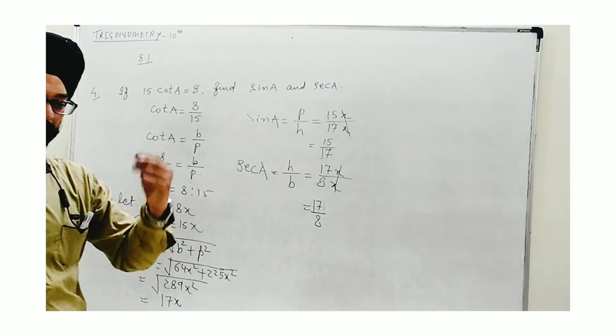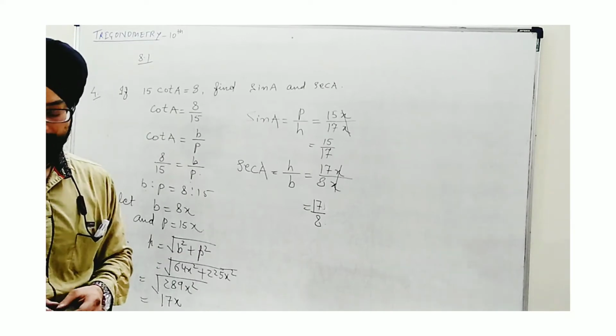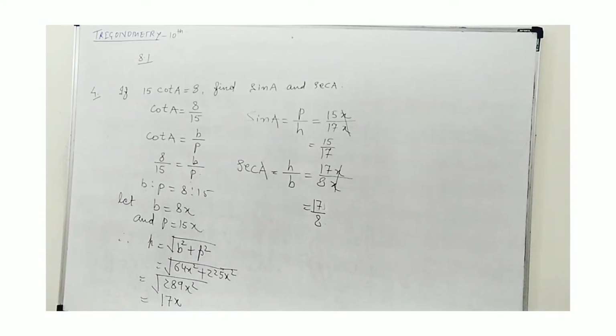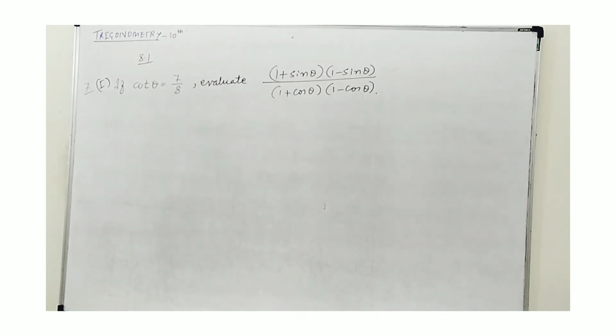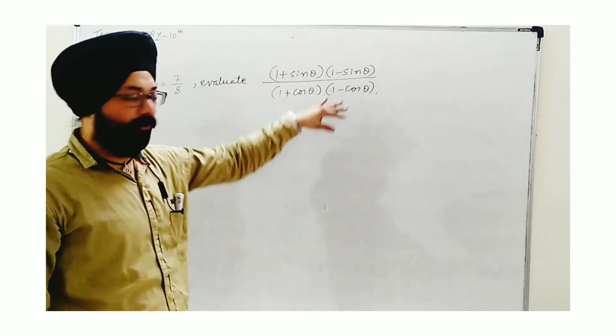Now we will take some complicated equations based on the same concept. The next question I have taken is question 8.17, first part. It is given cot theta is 7 upon 8. Evaluate this expression.